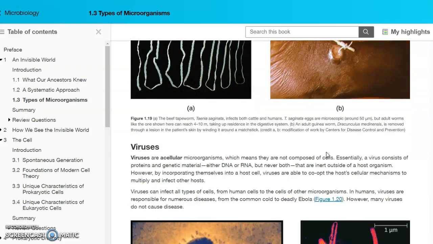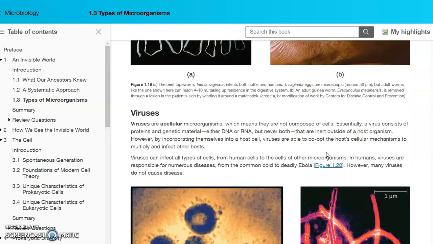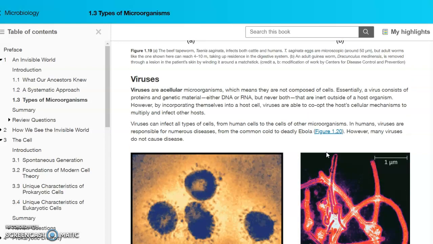Now, our last type of microorganism that we're going to discuss are the viruses and virus-like particles. I hate to call them organisms because they're not really alive. Viruses and prions, excuse me, are considered acellular because they are not actually composed of cells. Viruses do have genetic material, either DNA or RNA, never both, which is unlike living organisms.